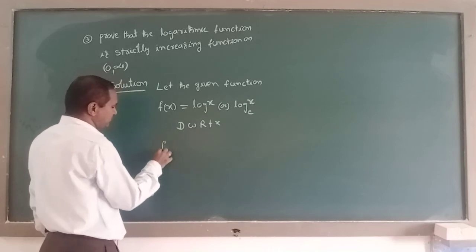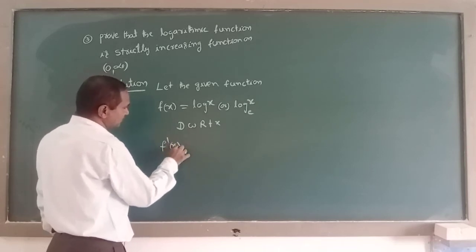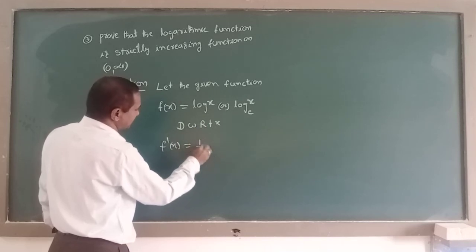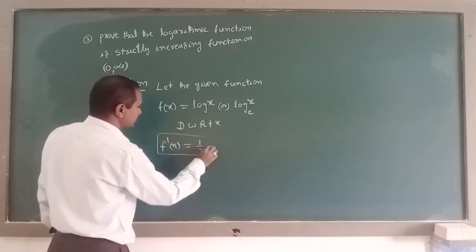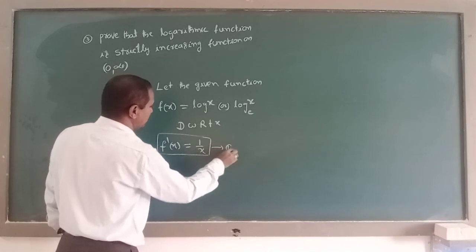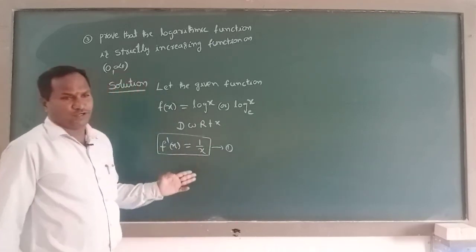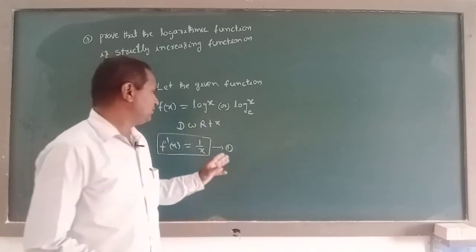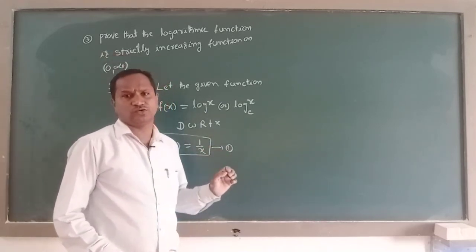That is, f dash of x is equal to d by dx of log x to the base e, which is 1 by x. It is equation number 1. We are not getting any values for x because 1 by x cannot be equal to 0.